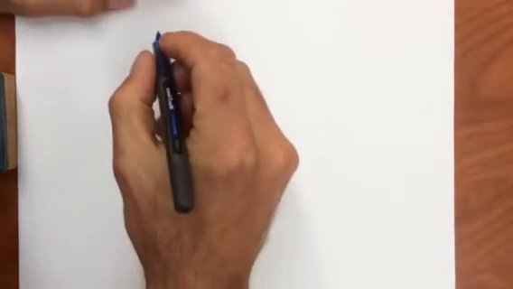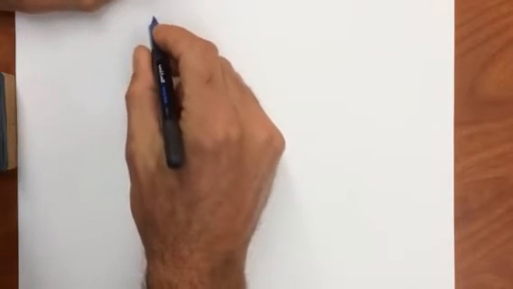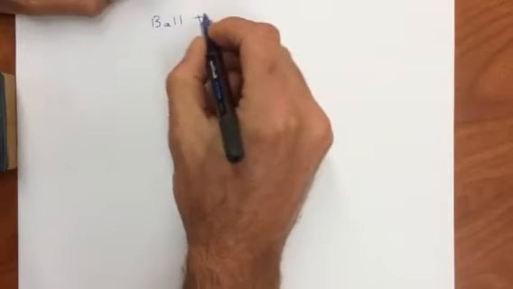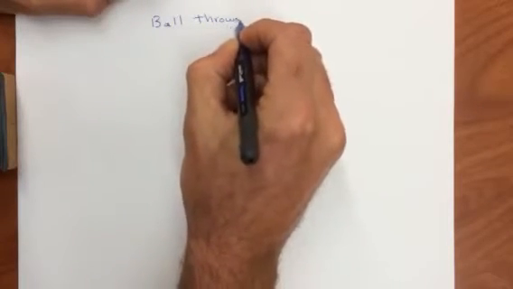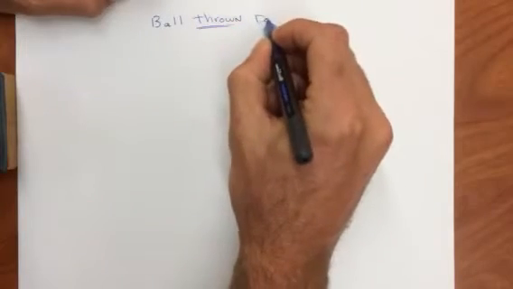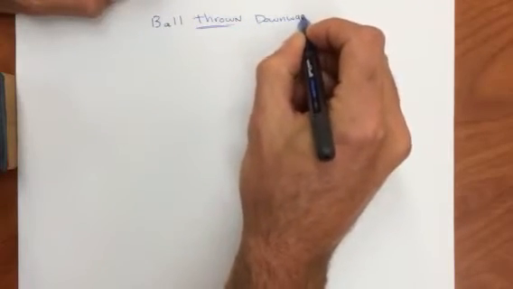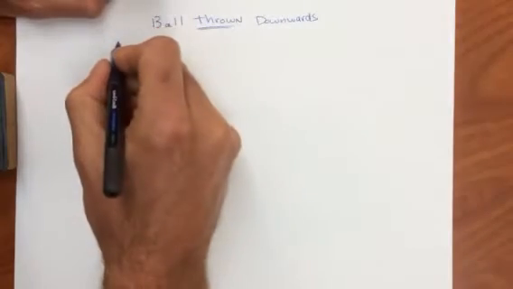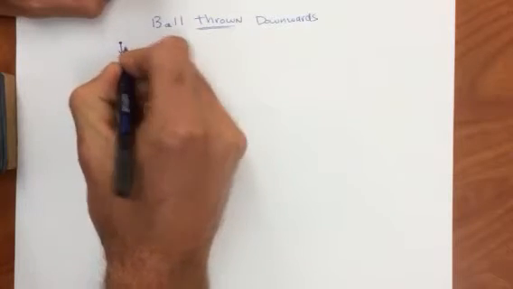All right, so I wanted to talk about a ball or an object thrown downwards. In that case, the motion map would look something like this, right?